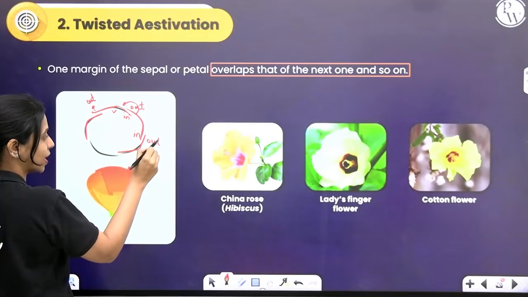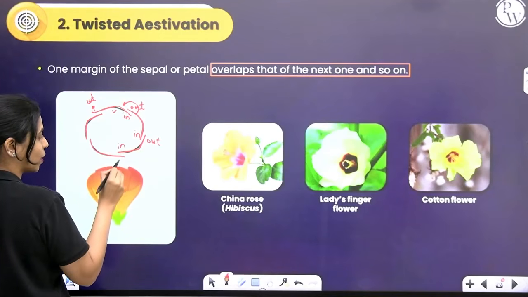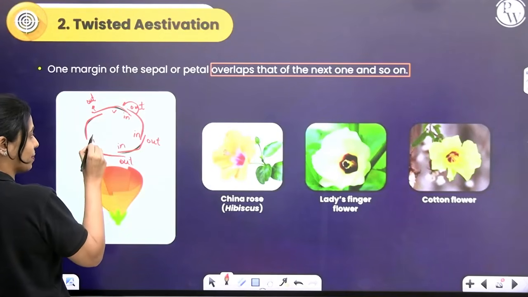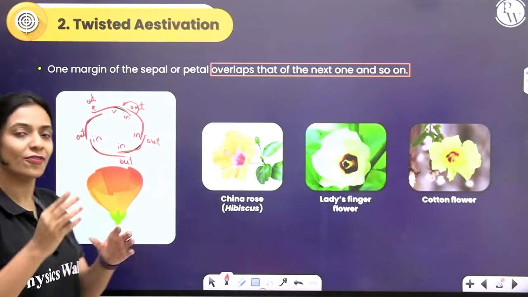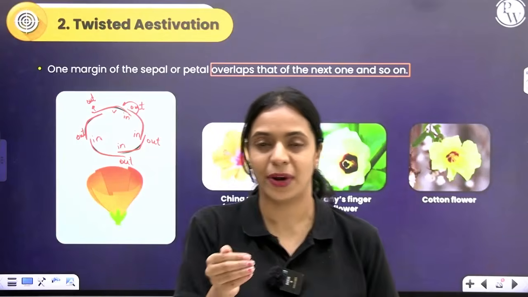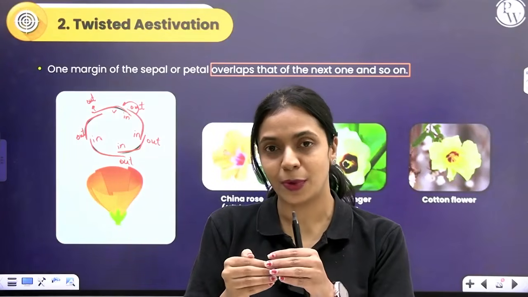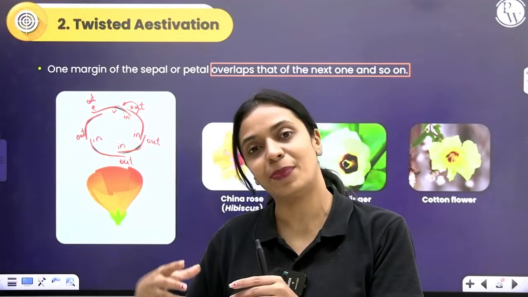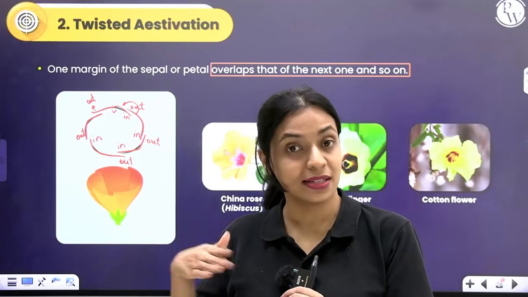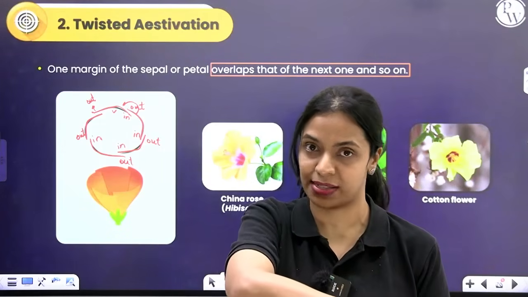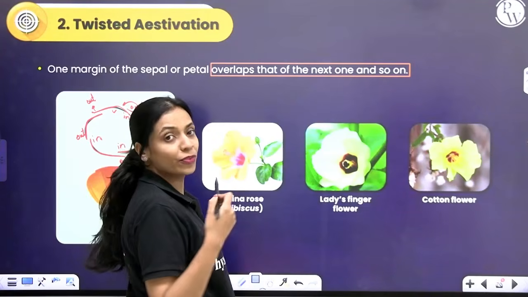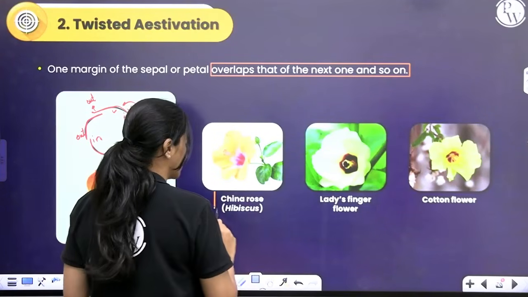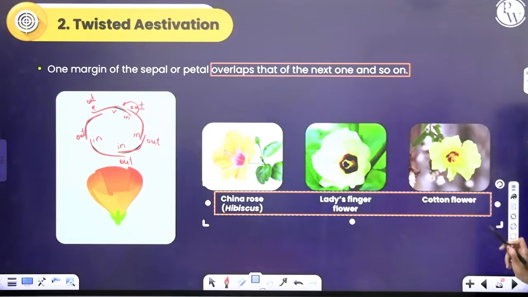This petal is outside on this side, it is inside here. Likewise, this will be outside here and this will be inside here. This one is outside here. So each petal or sepal will be half outside, half inside. If this is one petal, this petal will be overlapped by the next petal and it will be overlapping the previous petal. On one side it is outside, on the other side it is inside, being overlapped by the next one. And such a type of aestivation, twisted aestivation, can be seen in China rose, lady's finger and cotton flower.